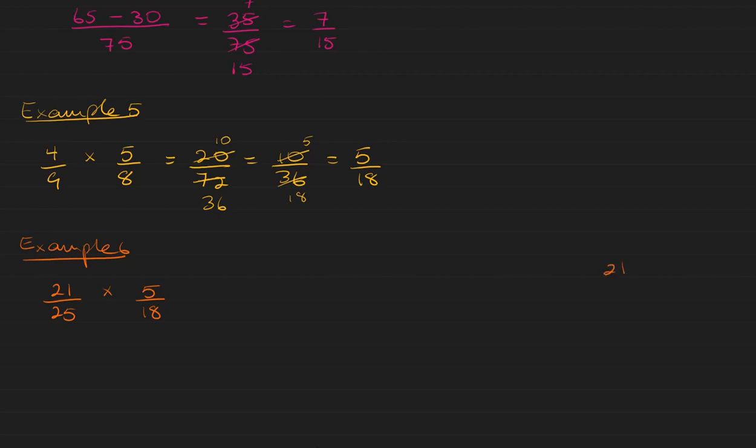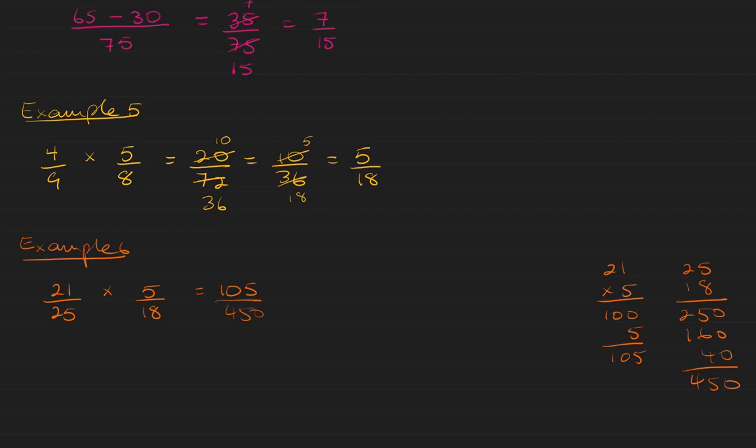So 21 by 5 is 105. And then 25 by 18 is 450, and we get that over 450.